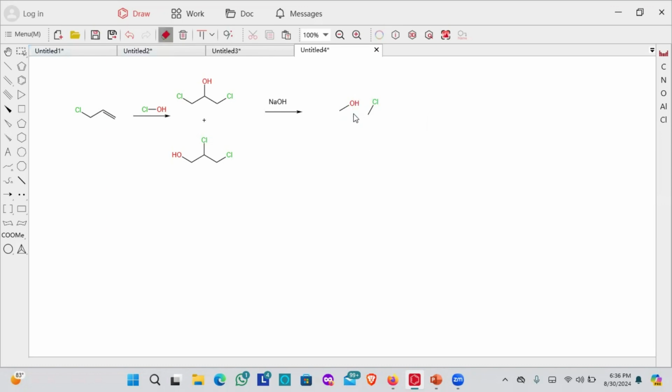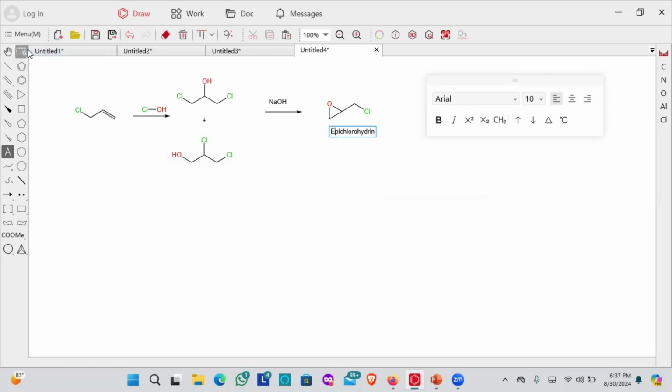Let's try that. You know what? Let's use this instead. Yes, this is the epichlorohydrin. Okay, let's show the mechanism that's involved throughout each step.